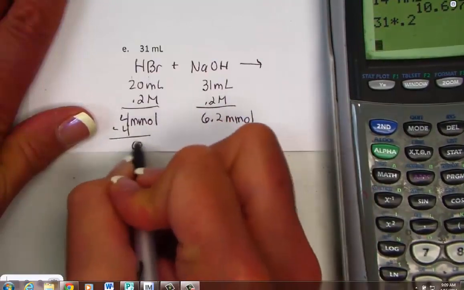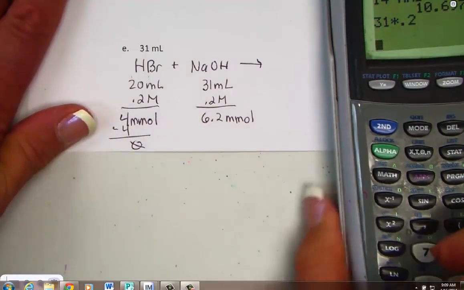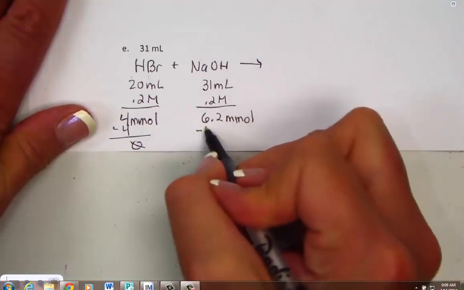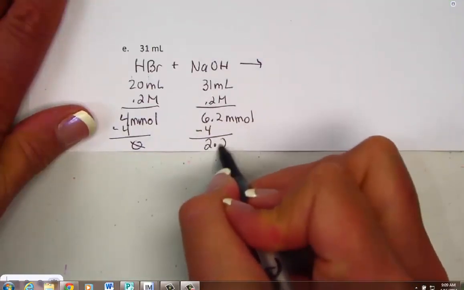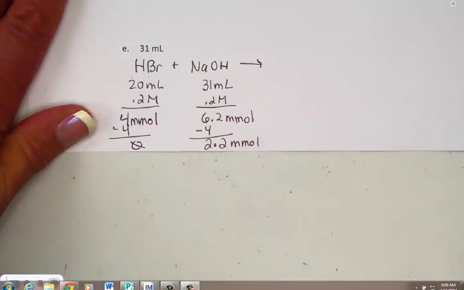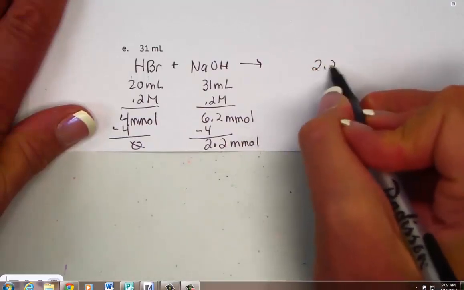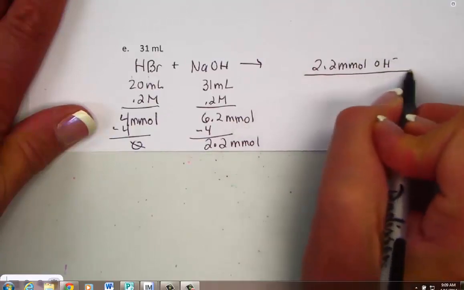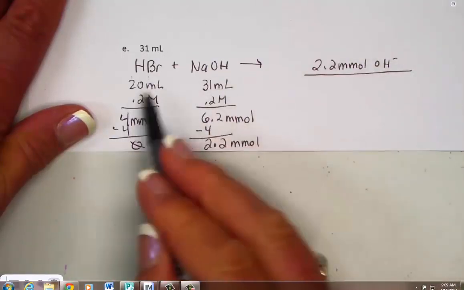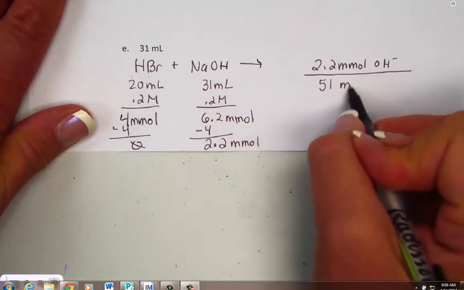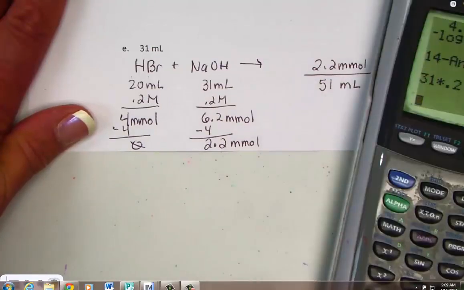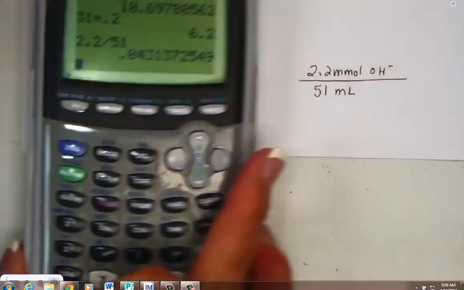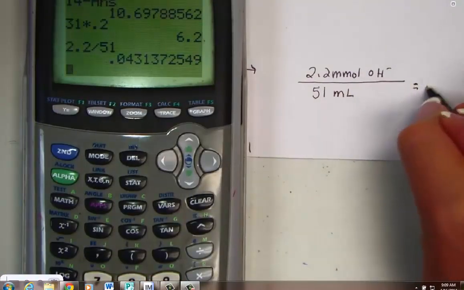Clearly you see the acid is consumed, leaving us a remainder of 2.2 millimoles of the base ion. 2.2 millimoles of our base over the new combined volume of 51 milliliters. 2.2 divided by 51 gives us the concentration of the base ion.